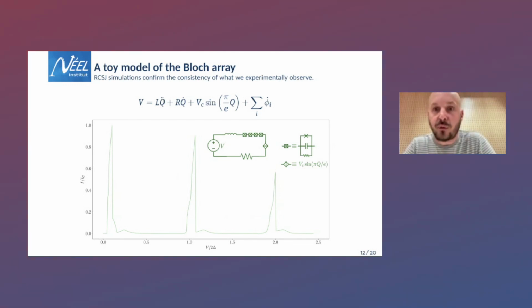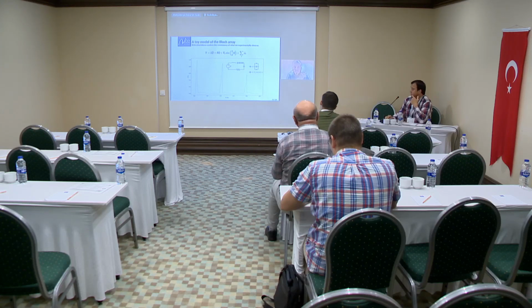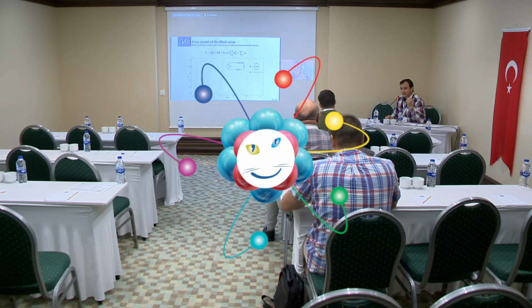But since there are 4,000 of them, it's a bit of a challenge theoretically. But yeah, I fully agree. The sin(Q) and treating the array as an inductor is definitely too simplistic. Did I get your comment correctly? Yes. Okay, thank you.